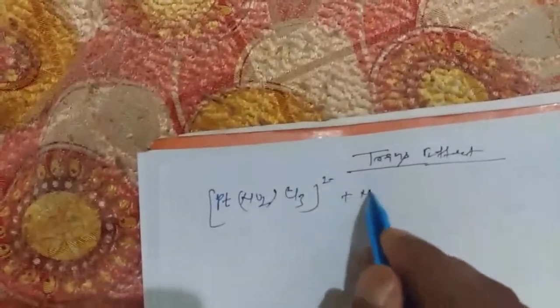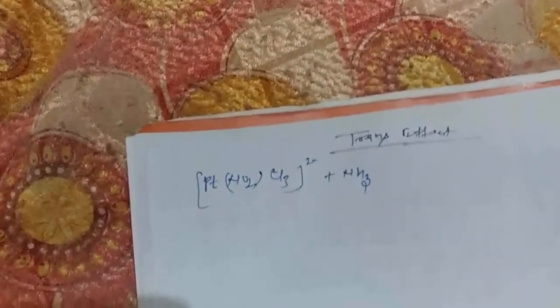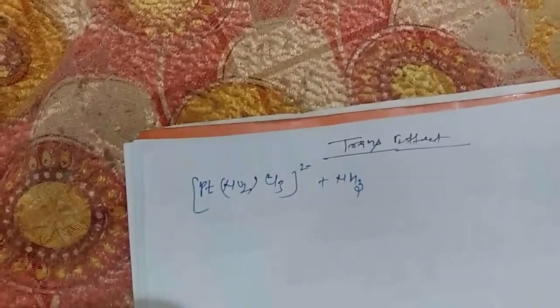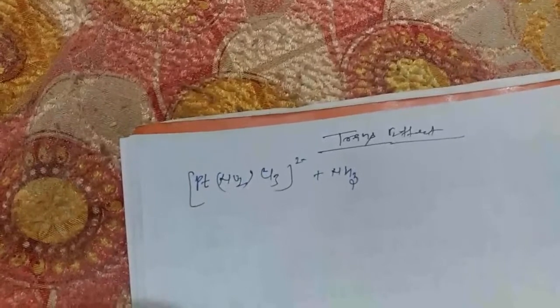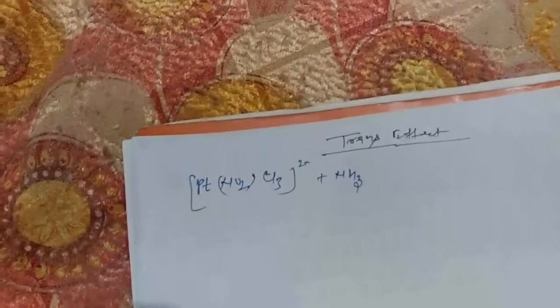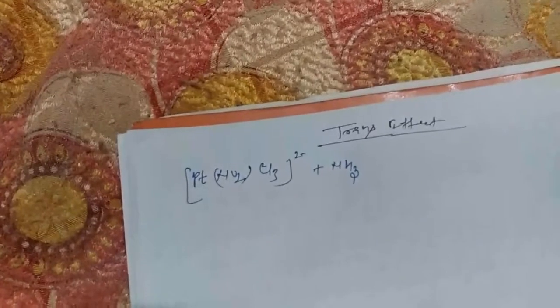Now if you take ammonia in this case, we have two possibilities actually. One is the theoretical possibility of product, which shows that it can form both cis and trans. You are only able to understand this cis and trans when we take the pictures of these two complexes.